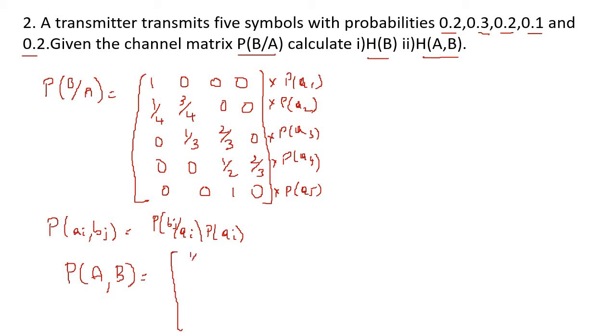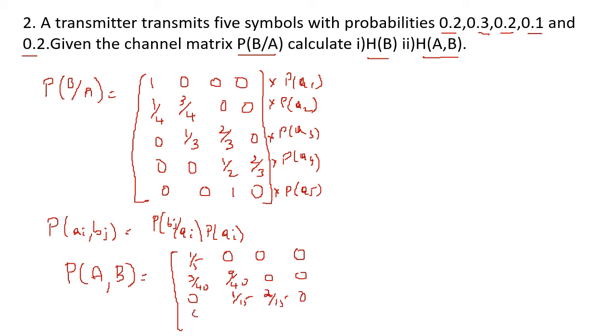So we'll get 1 by 5, 0, 0, 0 as the first row. The next row we are going to get 3 by 40, 9 by 40, 0, 0. Third row 0, 1 by 15, 2 by 15, 0.